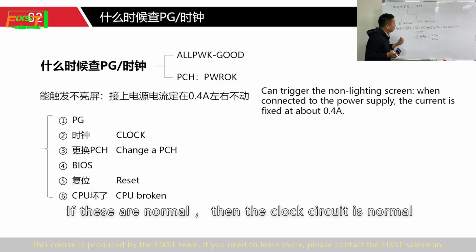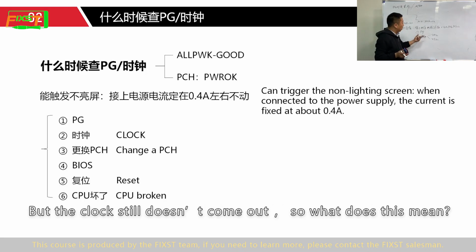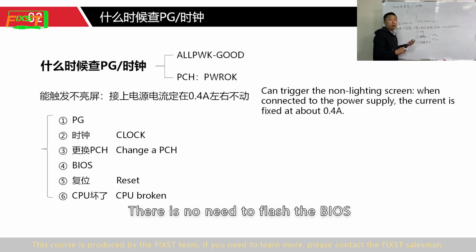If these are normal and the clock circuit is normal, if the measured clock oscillator is normal but the clock still doesn't come out, what does it mean? Replace the bridge; there is no need to flash the BIOS.